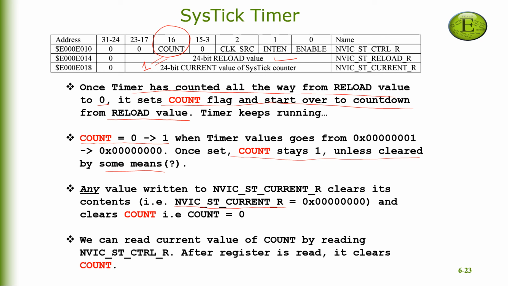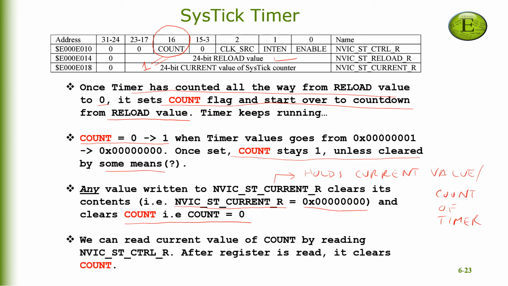So remember, the NVIC current register holds the current count, or current value, of the timer. Writing anything to this register clears the register, but it also clears the count flag.